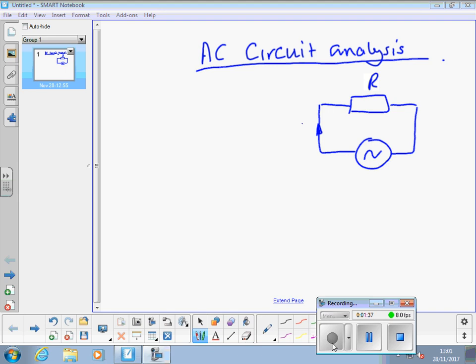If we're talking about a current at an instant in time, we have to use lowercase i, or a voltage at an instant in time, lowercase v, to represent those values.